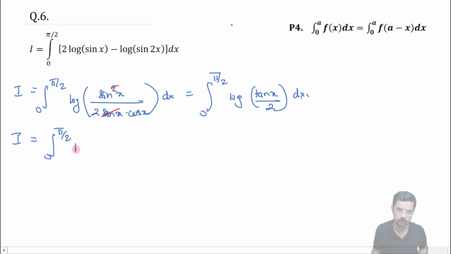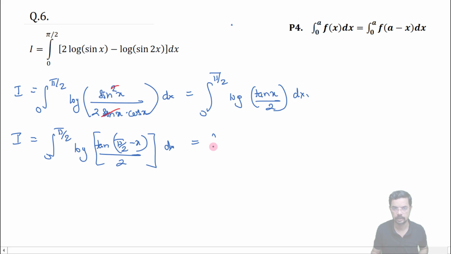So what we have here is log of tan of pi by 2 minus x divided by 2 into dx. That is again 0 to pi by 2. Tan of pi by 2 minus x is cot x, so cot x by 2 into dx.